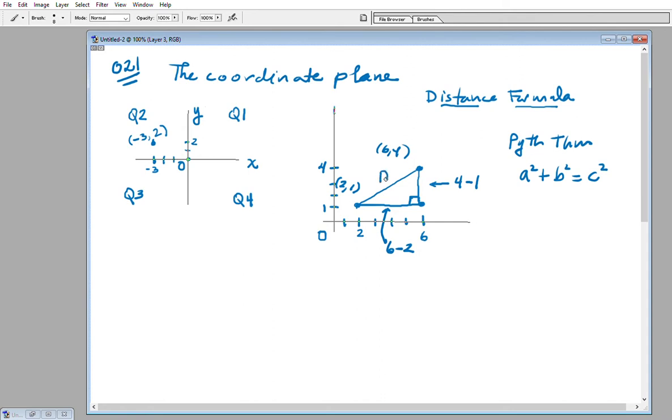All right. Okay, so square the first side. So we have 6 minus 2 squared, and the second side, 4 minus 1 squared, equal the distance squared. So if we take the square root of both sides, and I'm going to write D on this side now, then this is the distance.